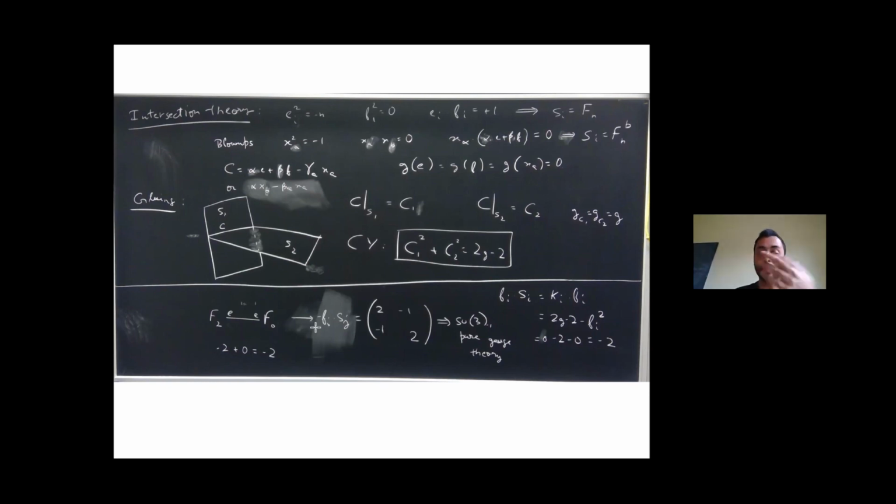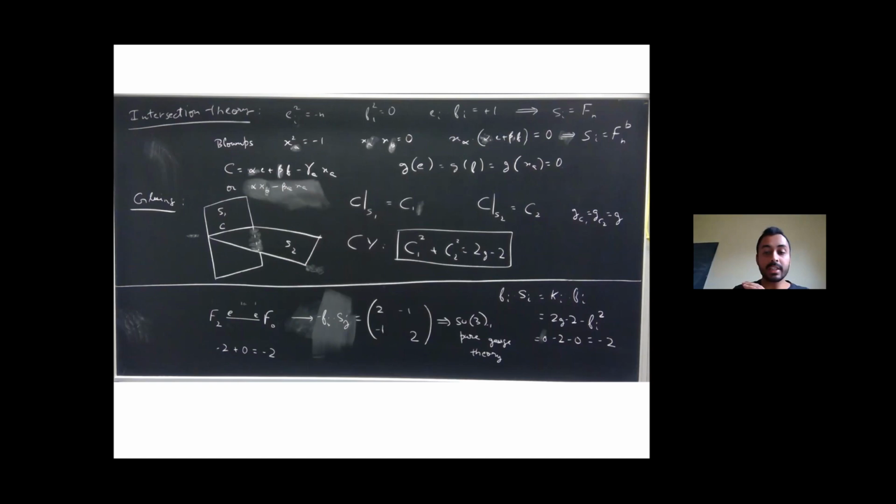So first, let's compute the gauge algebra. For that, we need to compute the intersection matrix minus fi dot sj. Let's look at the diagonal entry first. The diagonal entry is fi dot si, which is equal to the canonical class of the surface si intersected with fi.